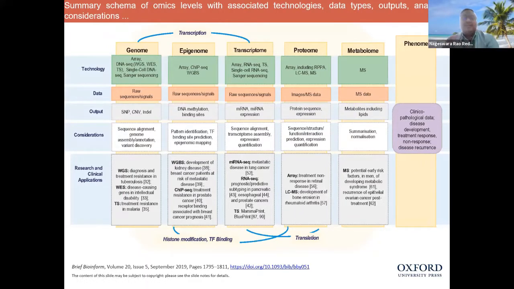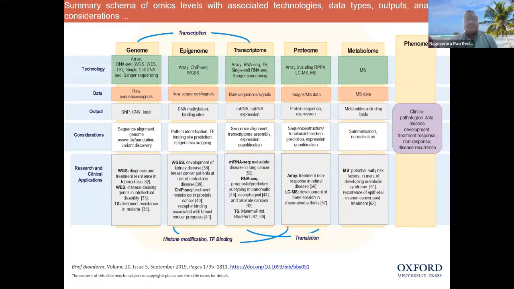Here is what is actually the output of high throughput sequencing. Earlier, we learned only about DNA genome sequencing. But high throughput sequencing, apart from DNA, goes through all these things: from genome to epigenome to transcriptome to proteome to metabolome and to phenome.